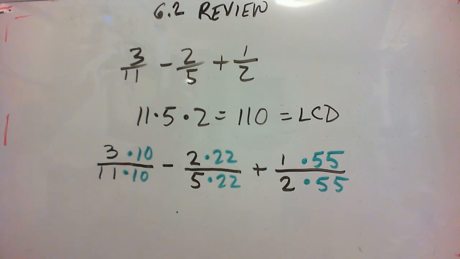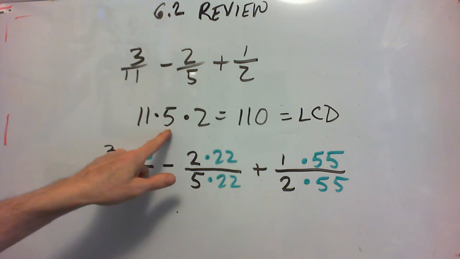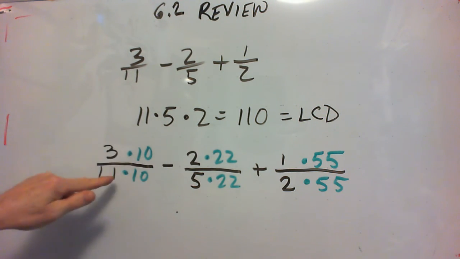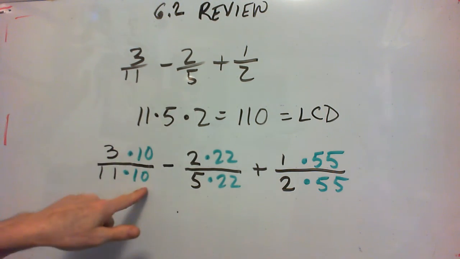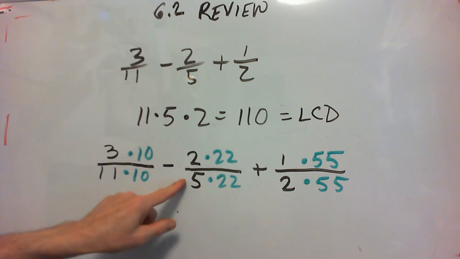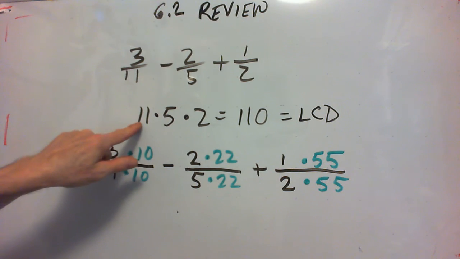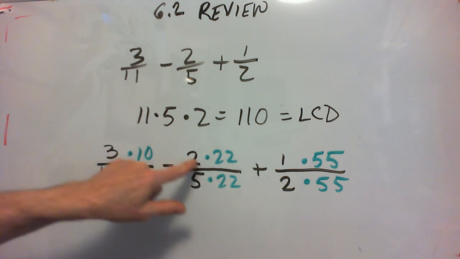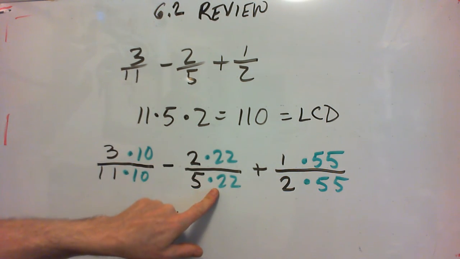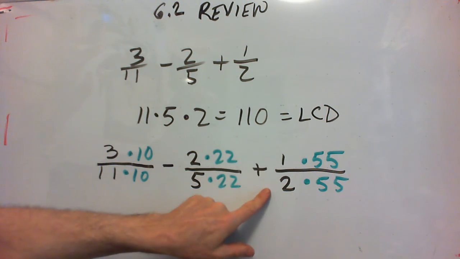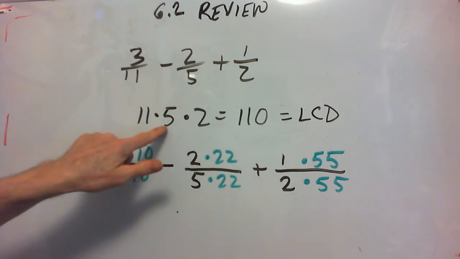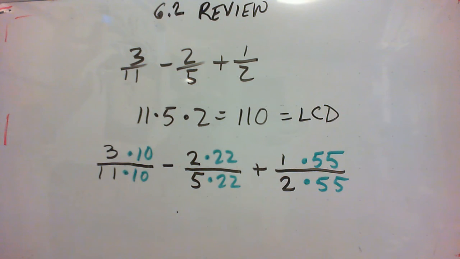How do I know that? Well, our least common denominator is 5 times 2 times 11. We're missing the 5 times 2, the 10. 2/5, we have the 5, but we're missing the factors of 11 times 2, which is 22. And the 1/2, we're missing the 5 times 11, which is 55.